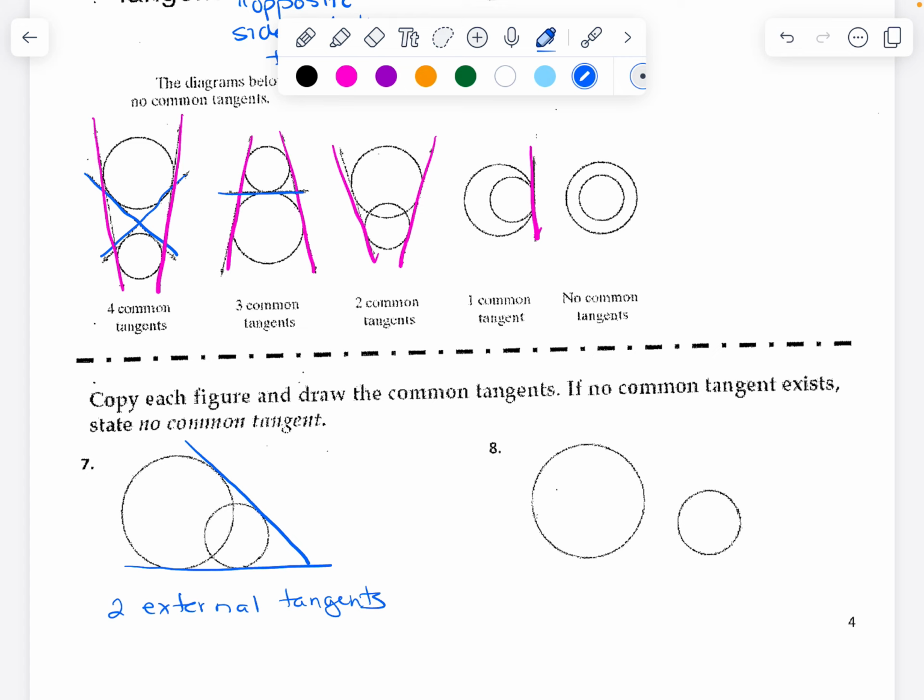And then here, we're going to have two external, I'll draw a better straight line there, and one here. And then we have the two internal that cross in between. So we have a total of 4 tangents, 2 internal and 2 external.